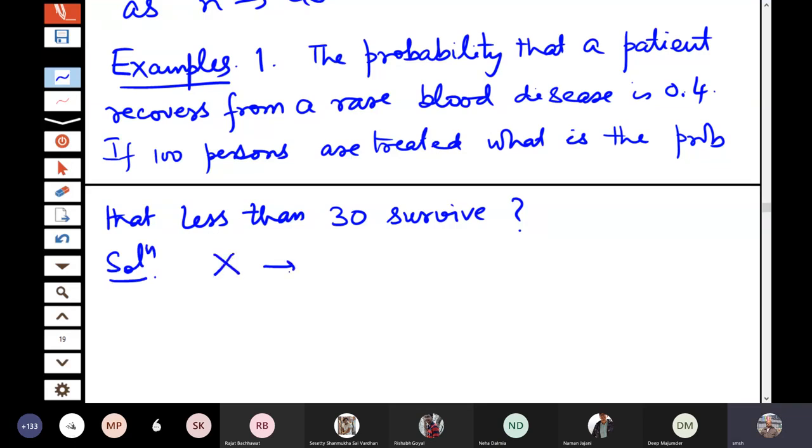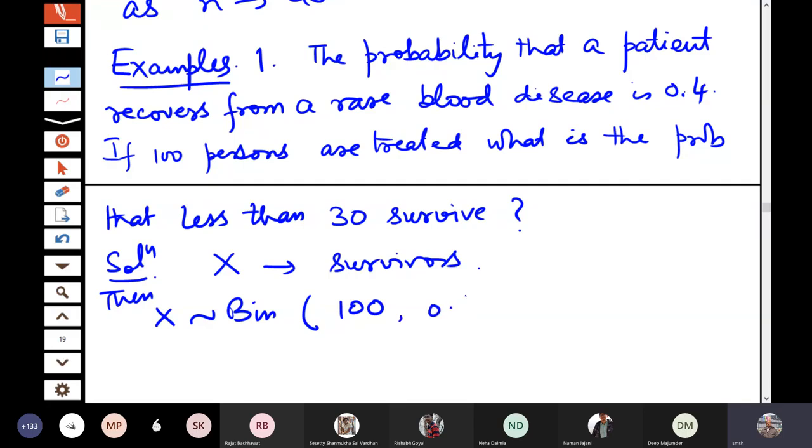If I consider X as the number of survivors, then X has a binomial distribution with n = 100, because we have considered a total of 100 persons, and the probability of recovery is p = 0.4. Here n is large, but p is not small. np becomes 40, so it cannot convert. If you take the Poisson approximation, it is not at all good.